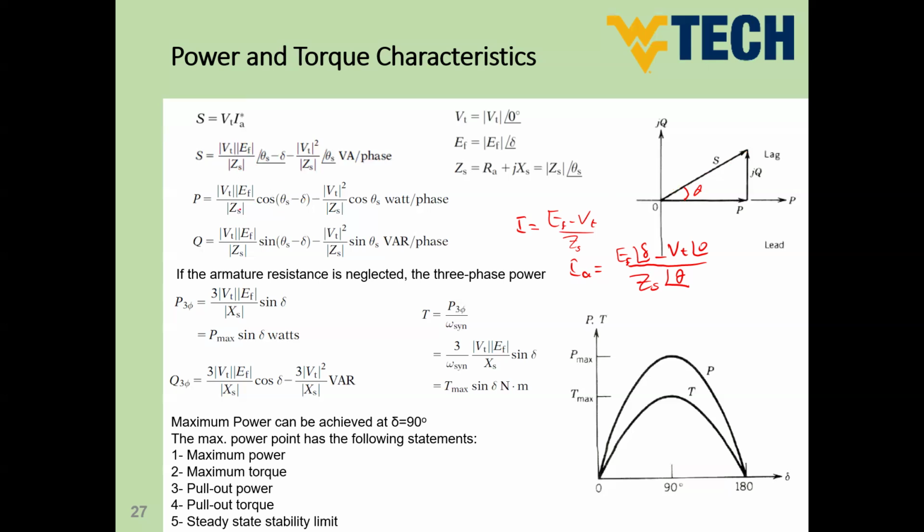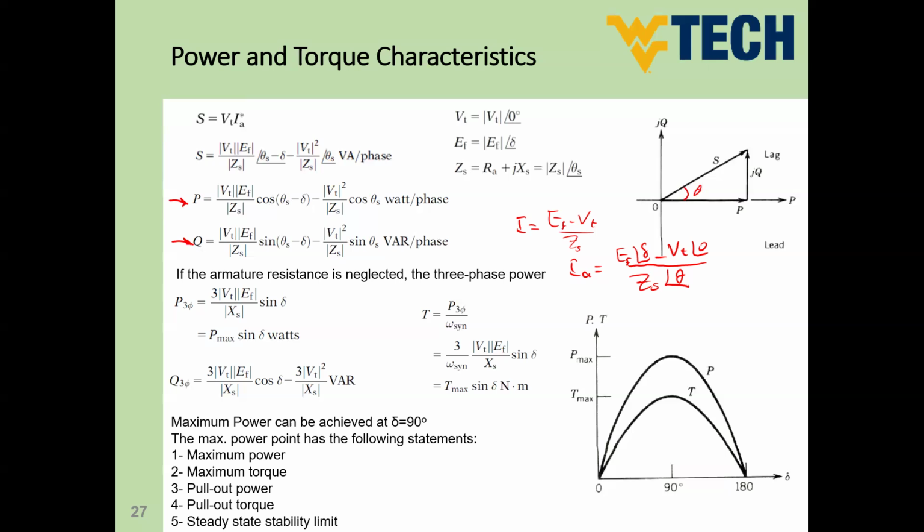So the absolute value here, cosine theta minus delta, minus Vt squared divided by Z cosine the angle of theta. So this is the real part of the equation. And the imaginary part would be with sine instead of cosine. So these are the active and reactive power relations.